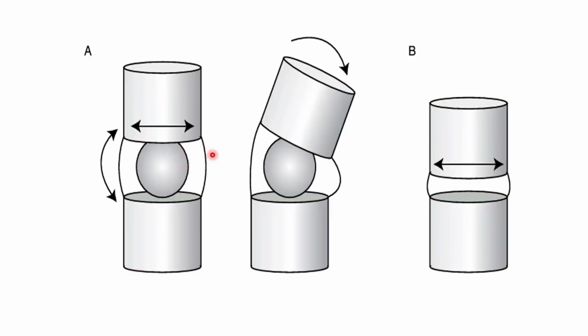So the annulus fibrosus restricts the range of motion, but because of the presence of the intervertebral disc, the range of motion of the vertebral joint is increased.